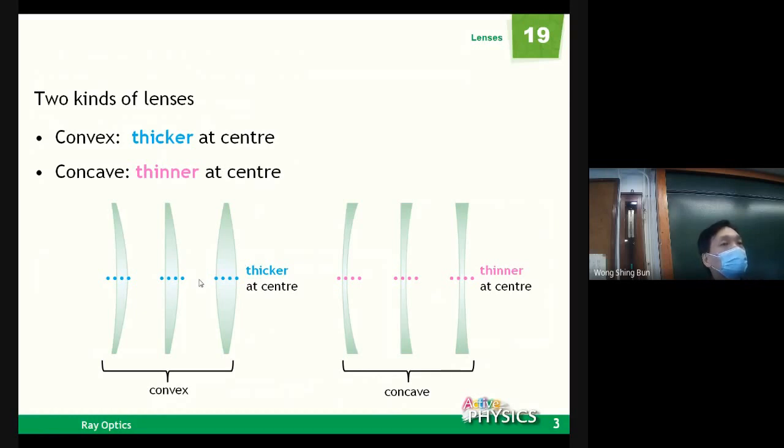But how to determine it? You should determine it by the thickness. If the center is thicker, then we will say that it is convex. If the center is thinner, we will say that it is concave.